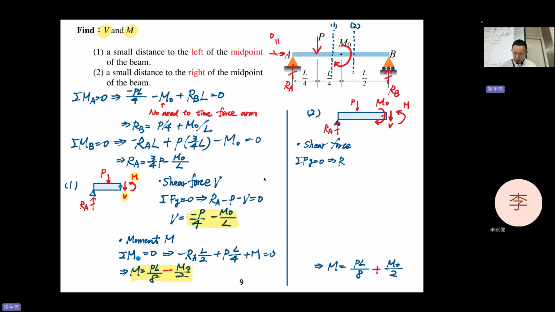So RA minus P minus V equal to 0. So your V equals minus P divided by 4 minus M0 divided by L. Again, this is the answer.